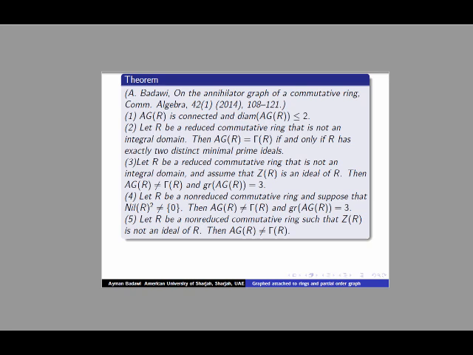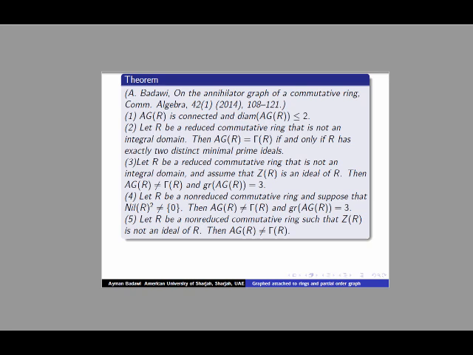Non-reduced means x to the n equals 0 has at least one non-zero solution. Okay, if the ring is non-reduced, and you take nil, meaning the set of all nilpotent elements of the ring, then these two graphs are not the same and the girth is 3.